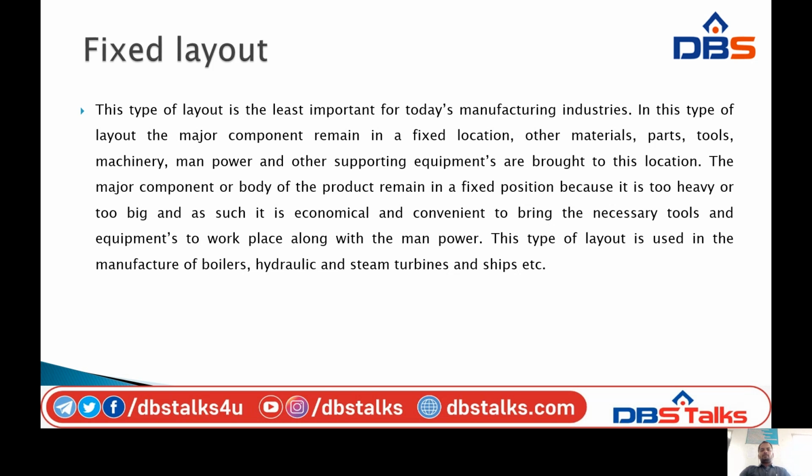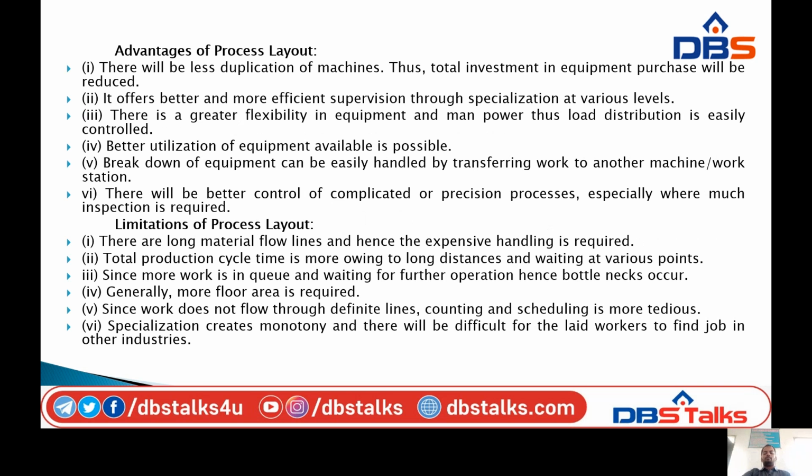The topic of fixed layout we will discuss in the next class. Today we have discussed what plant location is, the need for plant location, and the factors affecting plant location: material, water and power supply, waste removal, raw material supply, transportation, and land.